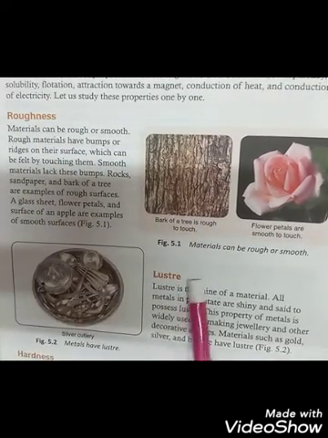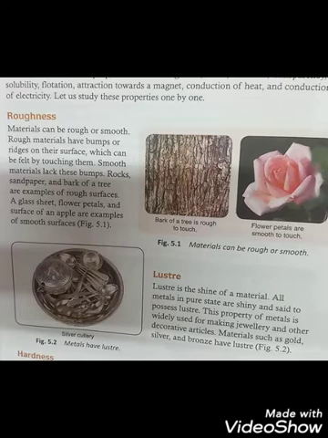The next property is luster, that is the shine of the material. All metals, if you get them in the pure state without any impurities, are shiny, and they possess luster, the property of metals. This property of metals is used to make jewelry like gold and silver. So metals have their own shine, which is called luster.